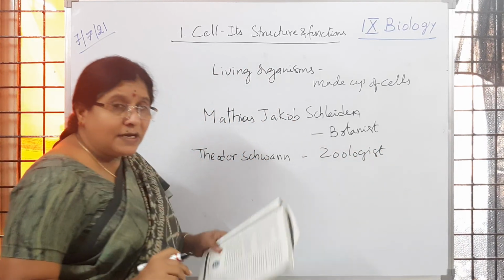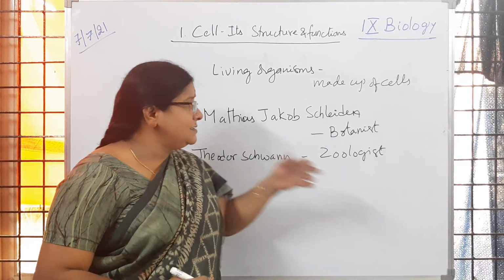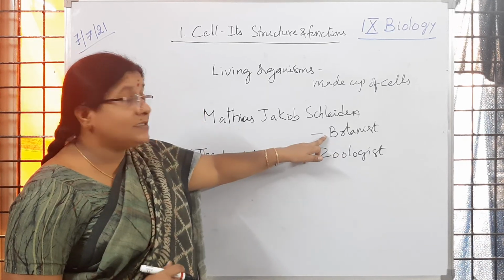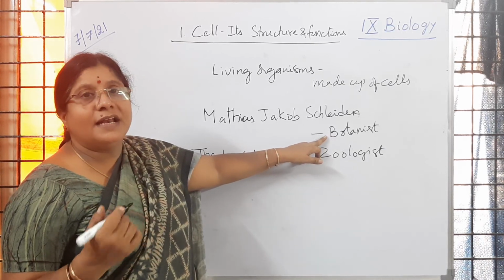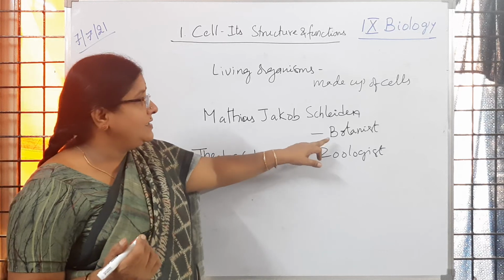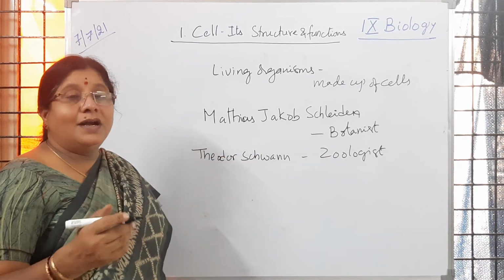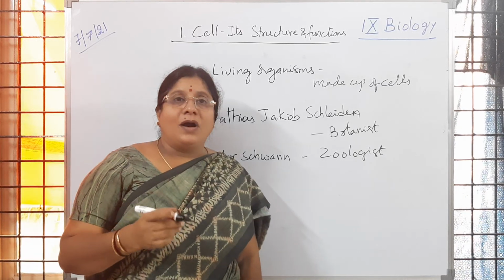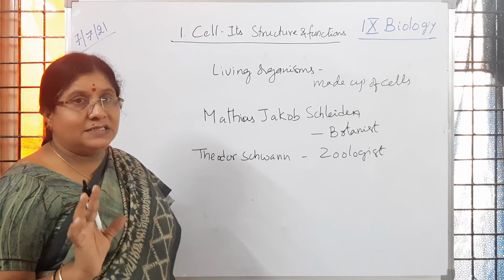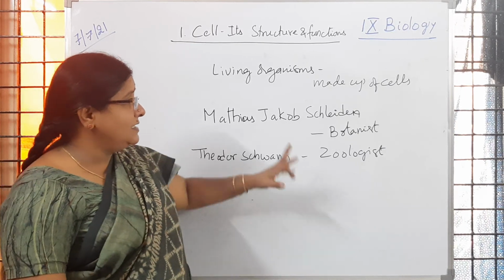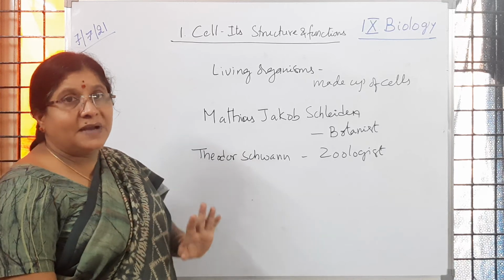So what do you understand with that, botanist and zoologist means? The scientist who is going to study about the different plants and their life structure, everything. So they are called botanists. So you learnt already in 8th class. Botany is a branch of biology where we learn about the plants, life of plants. That is called botany. So botanist means he studies about plants, plant cell.